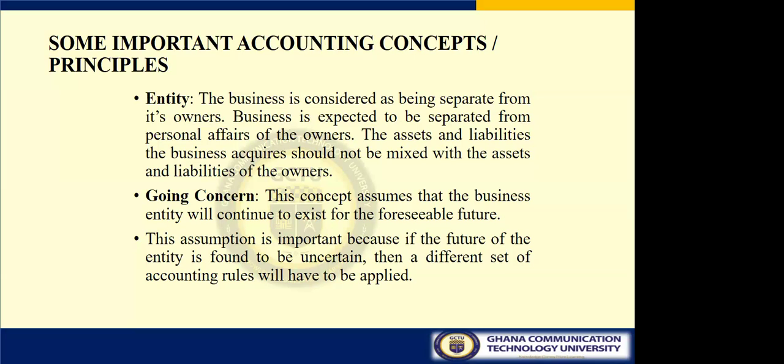The going concern. Normally, businesses are owned by shareholders, and the law says that the business should distance itself from the shareholders. So going concern means that whether or not they are the owners of the company, the business will still operate.